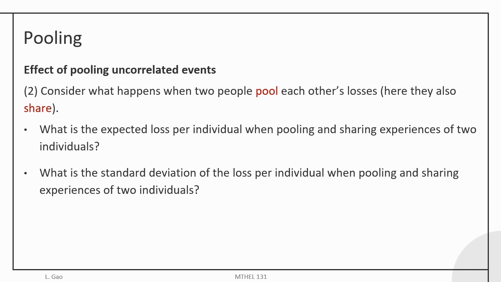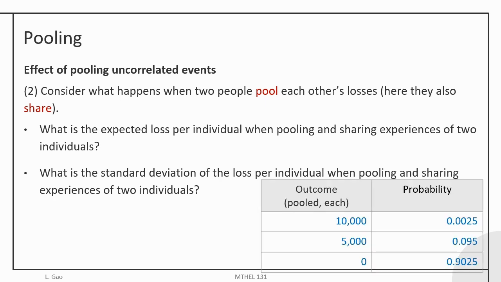What is the expected loss per individual, and what is the standard deviation of the loss for each individual when they are pooling and sharing their losses in this case? Pulling up the probability distribution that we just derived, the expected loss per person is, once again, each outcome weighted by the probability, summed over all possible outcomes.